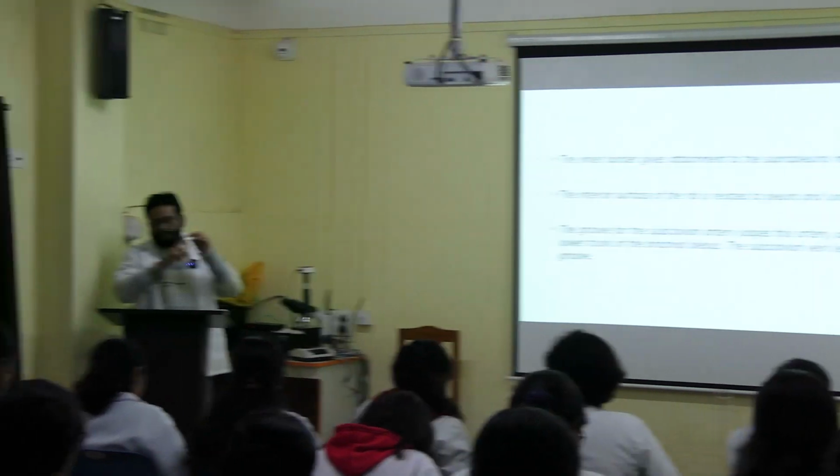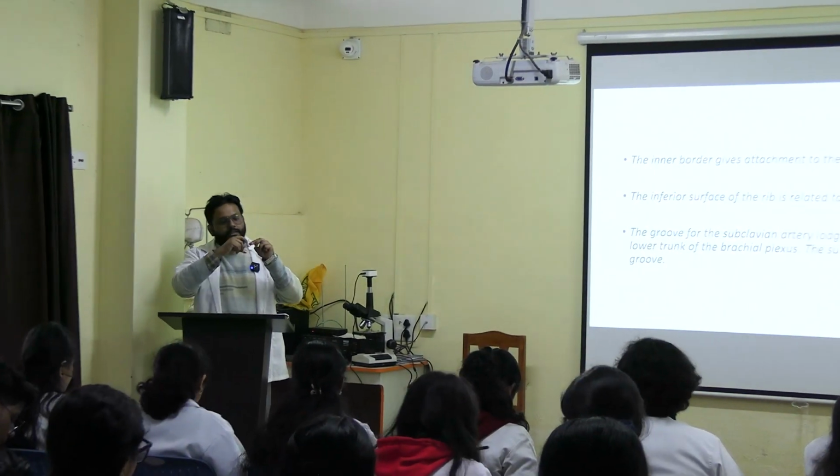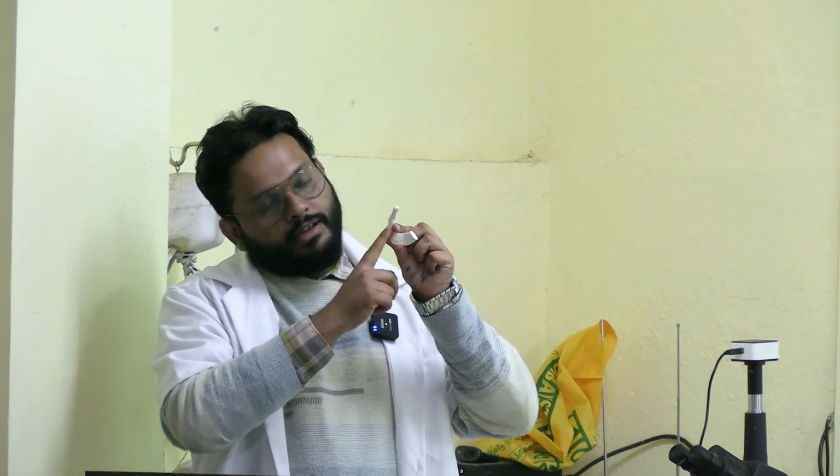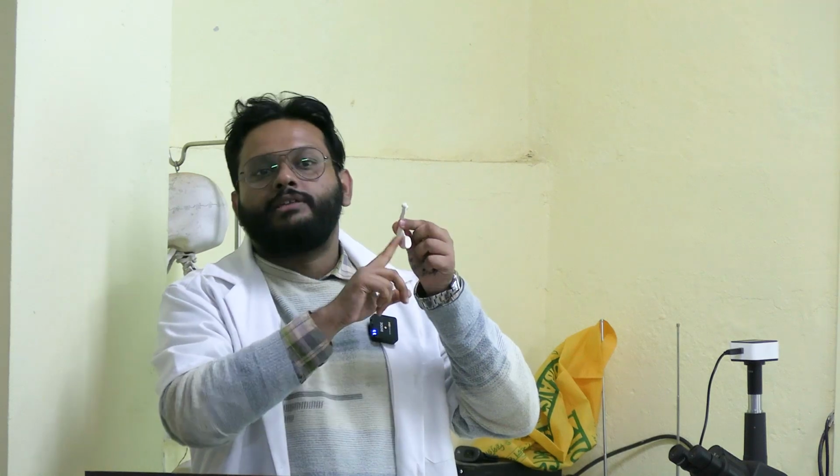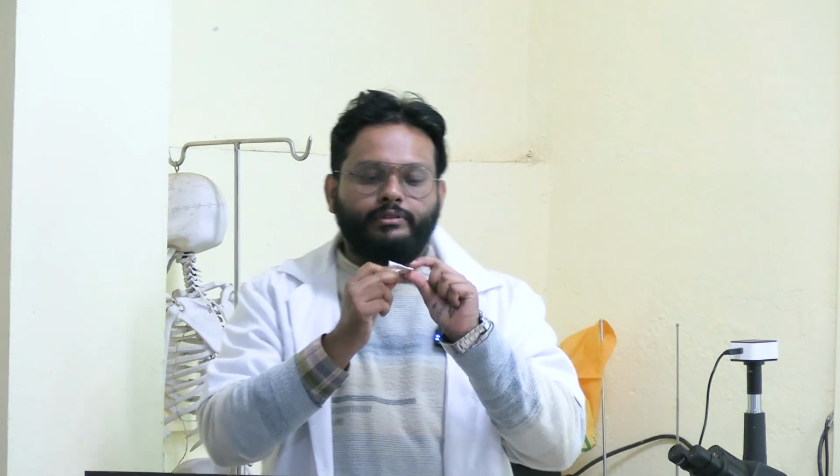So see, this is the head, right? This is the neck. This is the tubercle. Superior surface, upper surface, lower surface. The lower surface is smooth. This one is the inner border, outer border. Now this one is, sorry, the groove for subclavian artery.